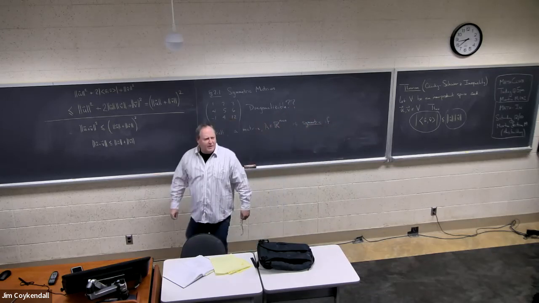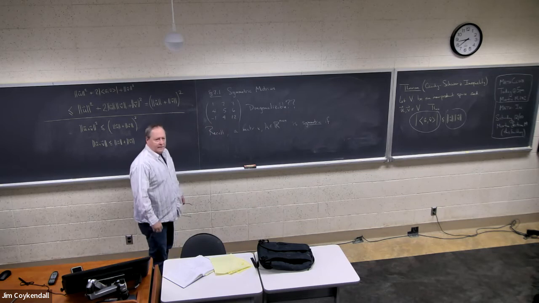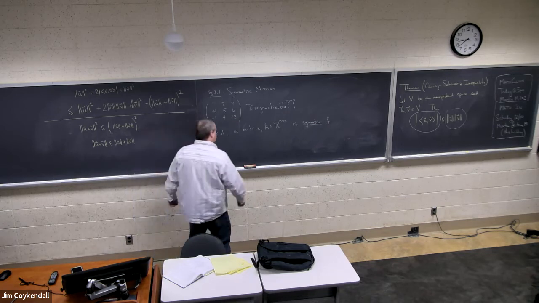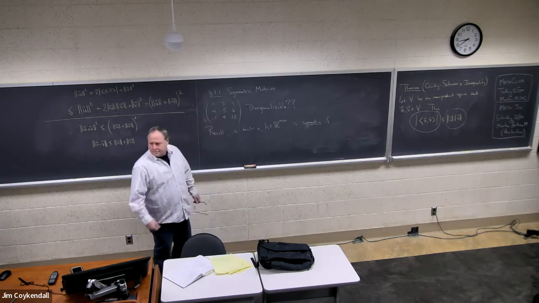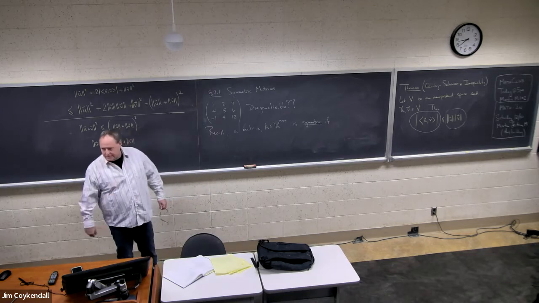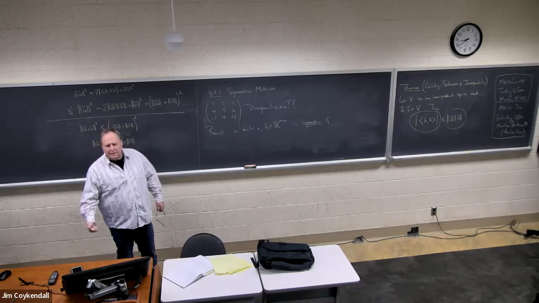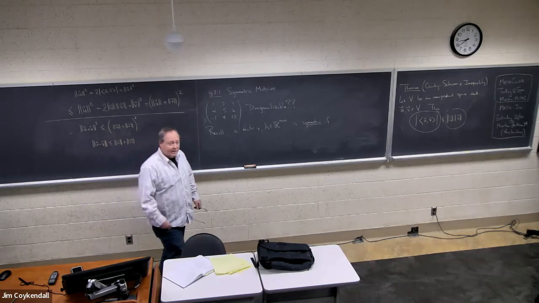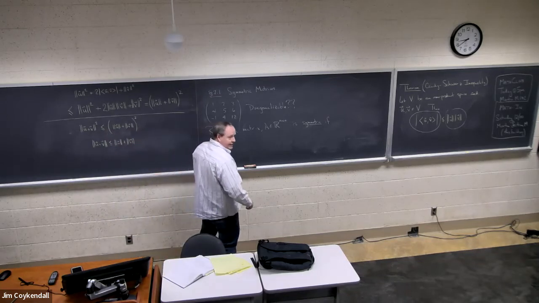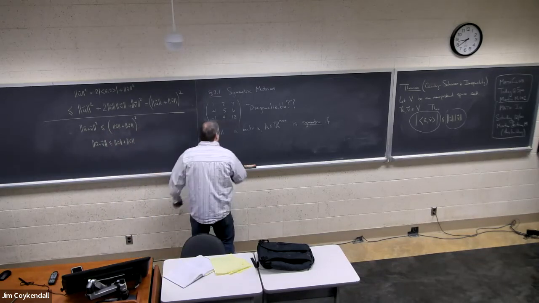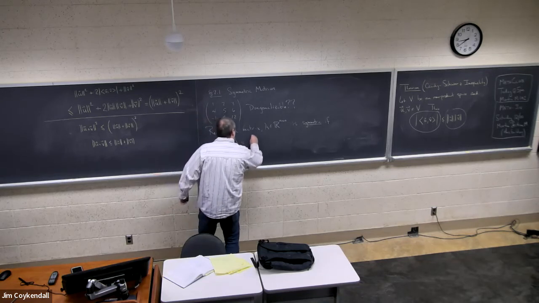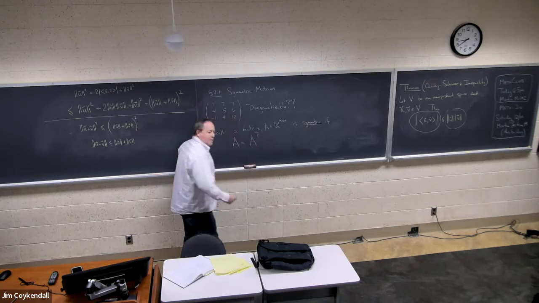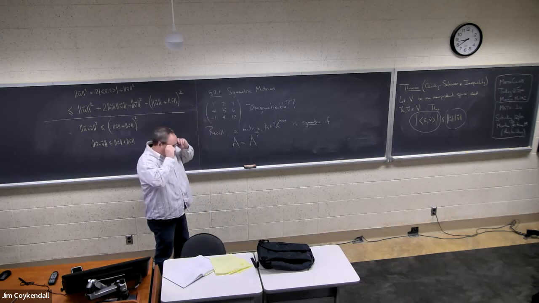What does it mean to be symmetric? Anybody remember? Would it just be that the entry at location ij in the matrix equals the entry at ji? The matrix is actually equal to its own transpose.